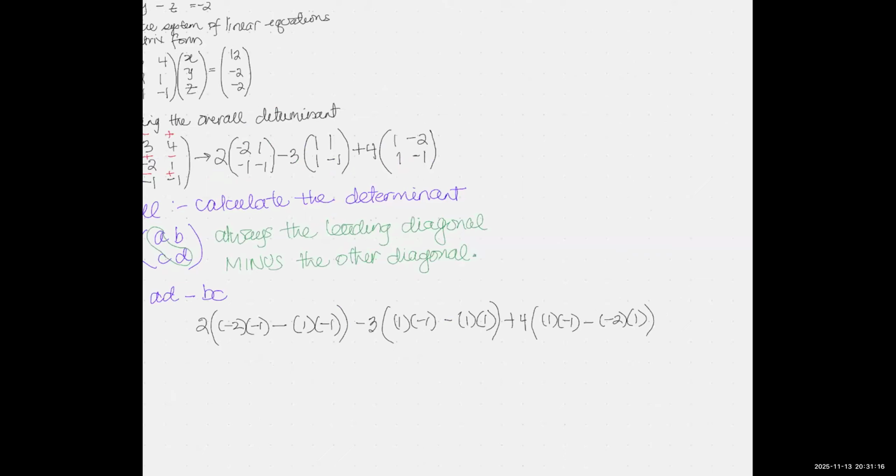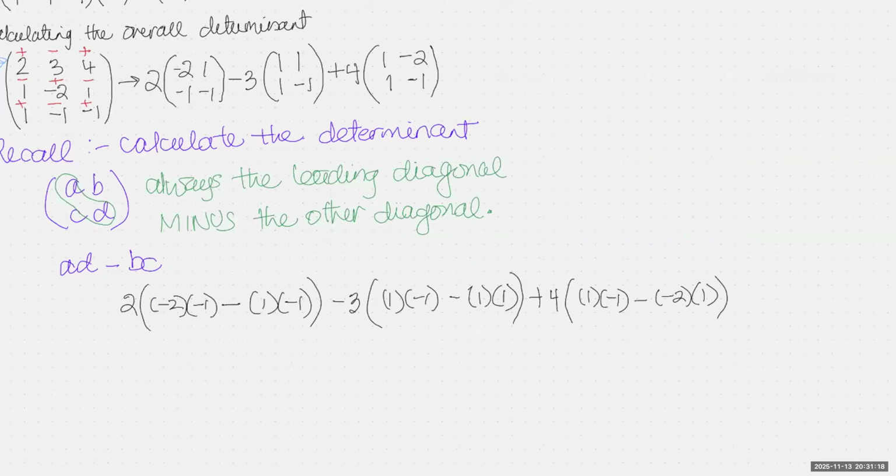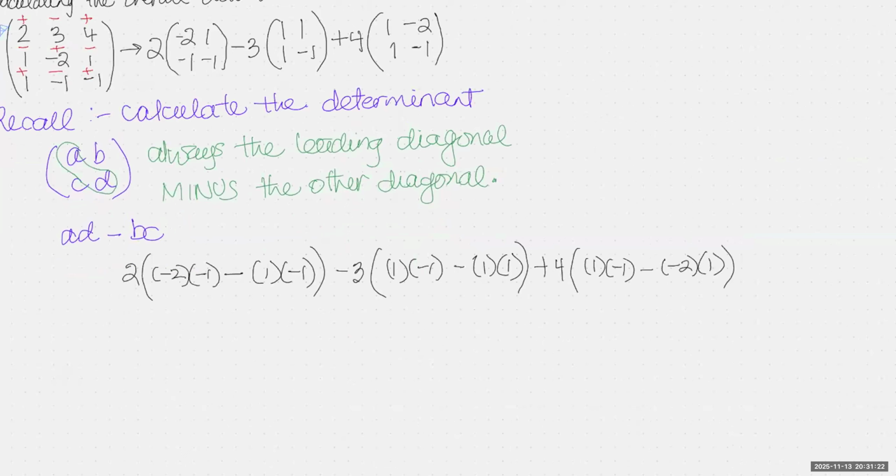I want you to watch me. This is 2. -2 times -1 is a +2, don't you agree? Yes, sir. So we're going to write 2 minus. What is 1 times -1? -1. Minus 1.